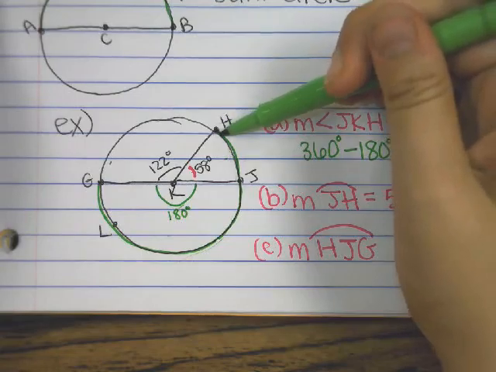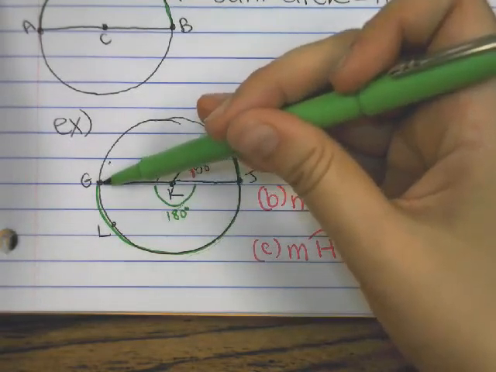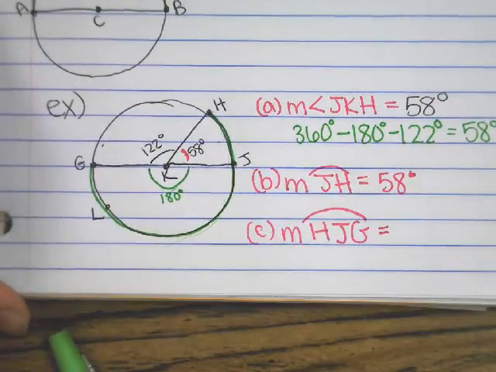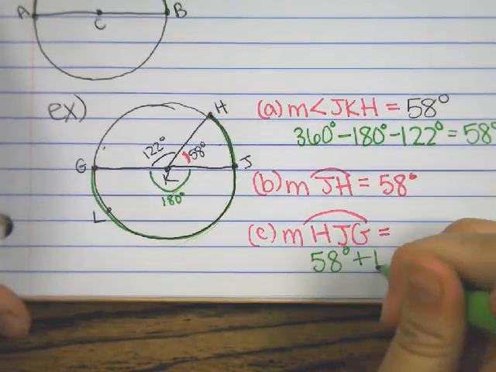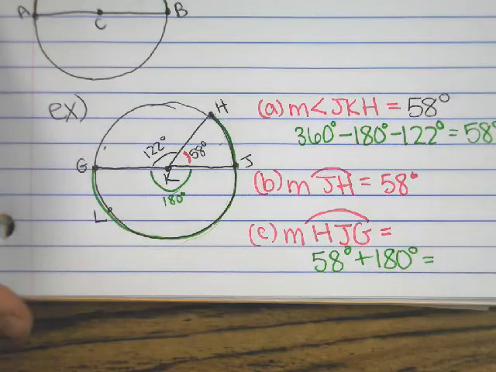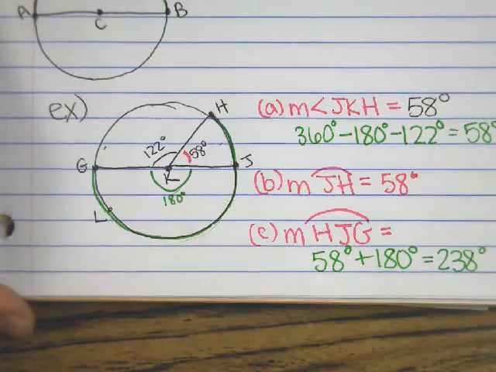This arc consists of 58 degrees and 180 degrees. So the measure of HJG is 58 degrees plus 180, which is 238 degrees.